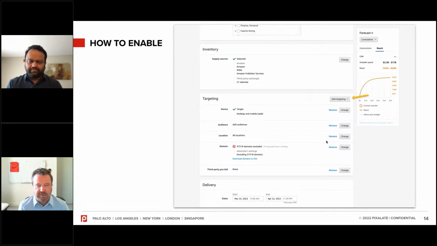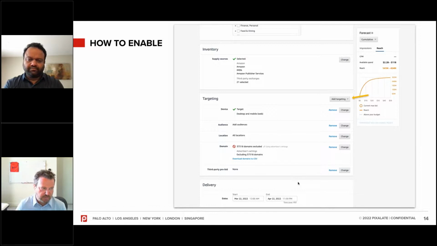After you've selected your inventory sources, there's an inventory section where you can select Amazon, IMDb, Amazon Publisher Services, but you can also select third-party exchanges. There's roughly 21 in there that have availability for targeting.